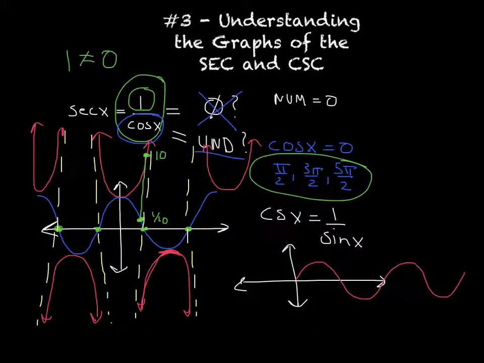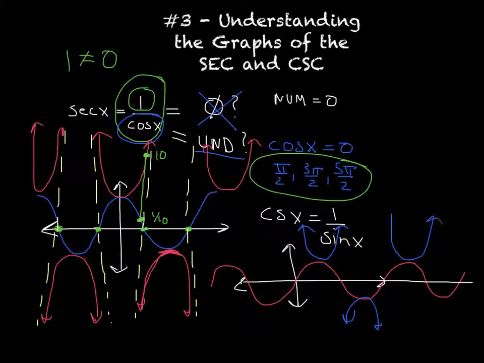All right, let me extend the x-axis out a little bit, and draw it backwards a little bit too. So what is the cosecant graph going to look like? Well, it's just going to be the flip of that. Flip of all these right here. All right, that's it. Really simple.